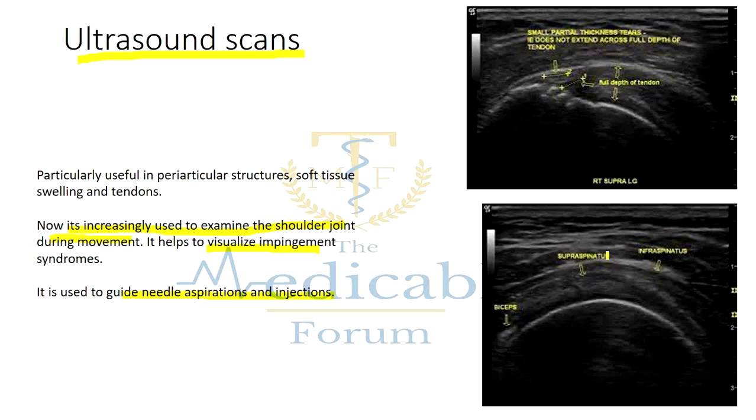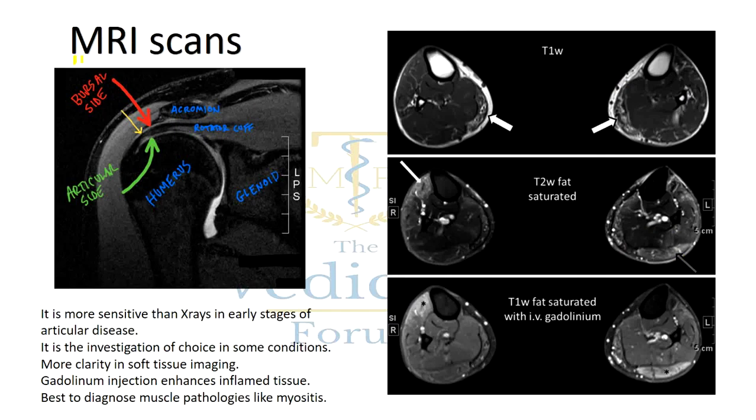You see this here, supraspinatus tendon, infraspinatus tendon, and you see there is a tear in this region which is completely depicted in an ultrasound scan. Well, you've got to have the skill to operate and interpret, but it's a valuable asset of diagnostic imaging. MRI scans, magnetic resonance imaging.